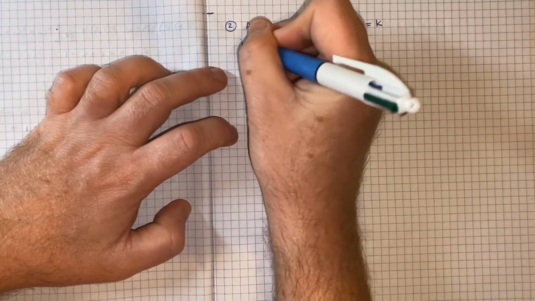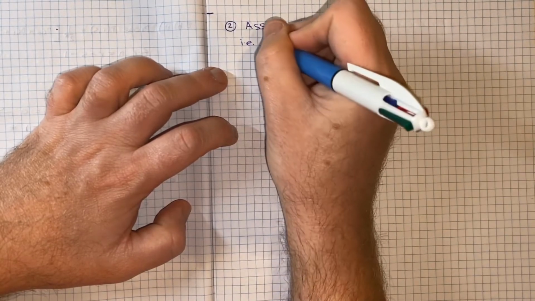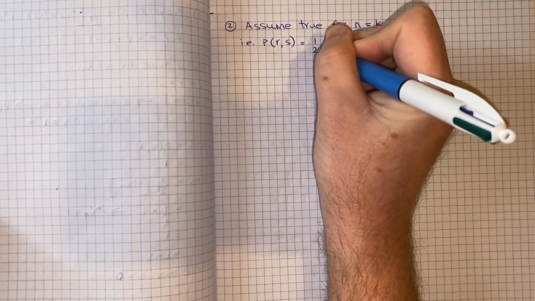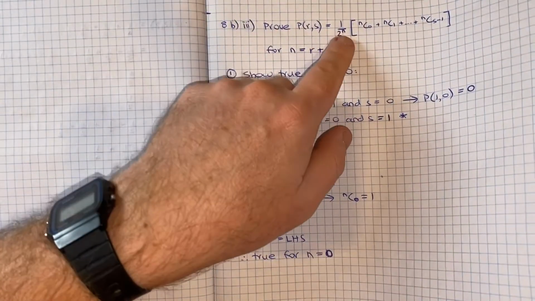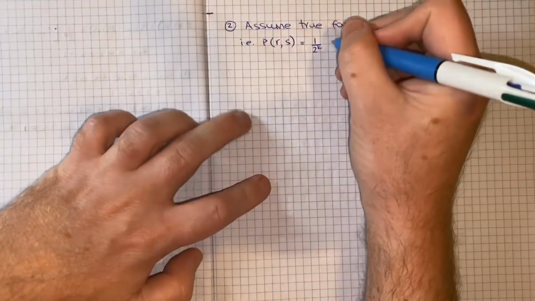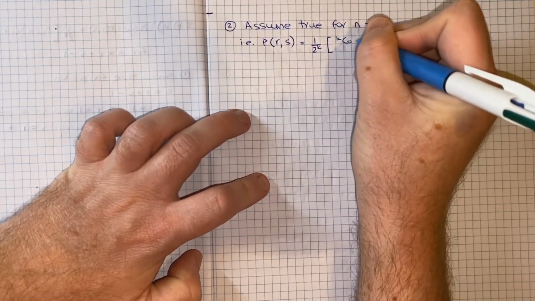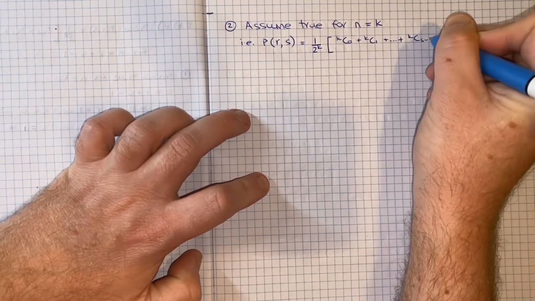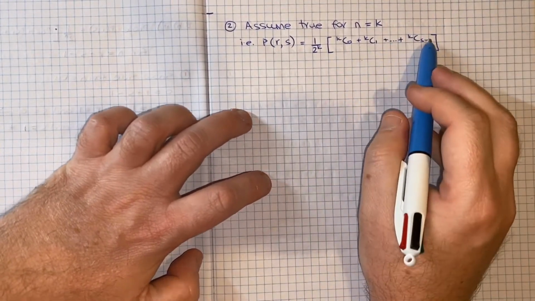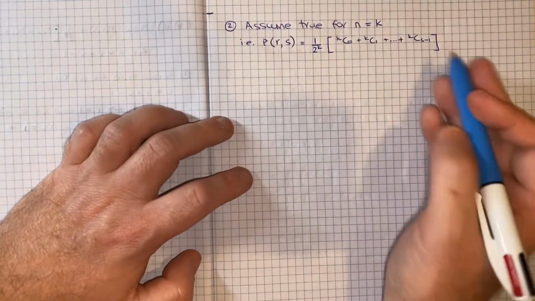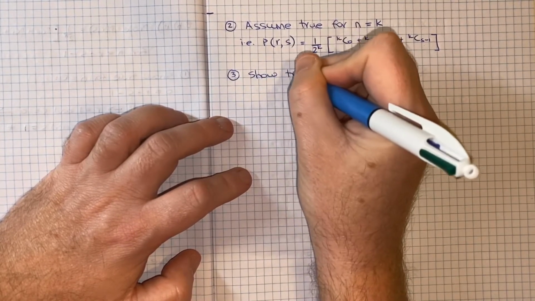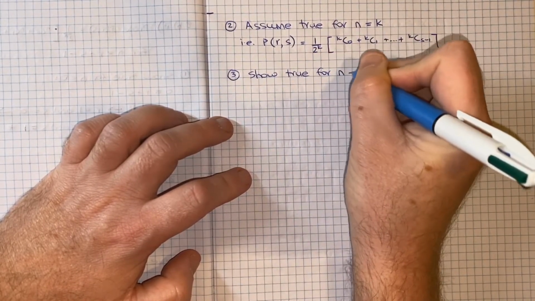So if that's the case, what we're saying is that the probability of r comma s is equal to 1 on 2 to the k, since we've got n is equal to k, of kC0 plus kC1 plus and so on up to kC(s minus 1). So we're going to assume that's true and then hope that we can make use of it in step 3. And step 3 is to show that this relationship is true for n is equal to k plus 1.